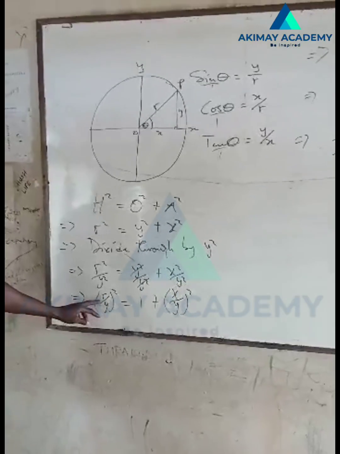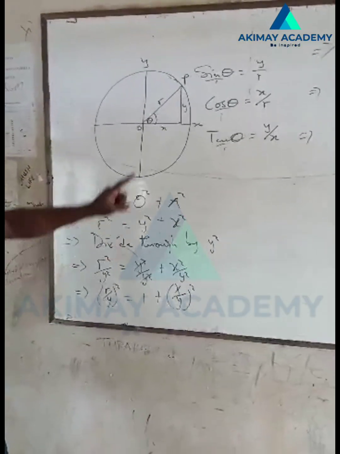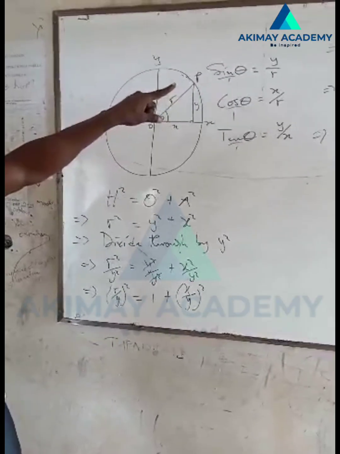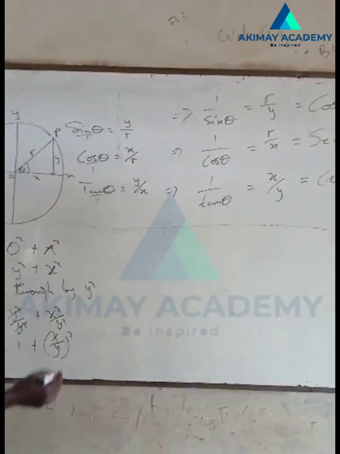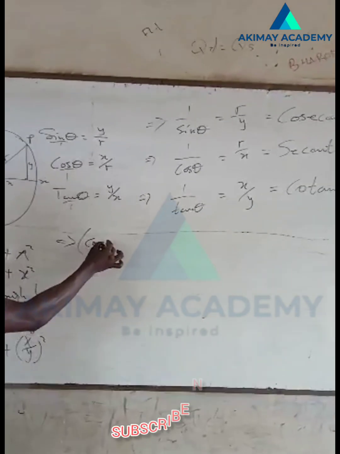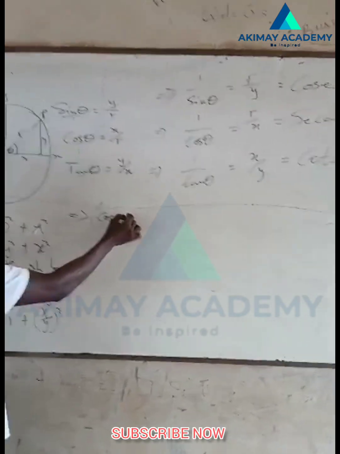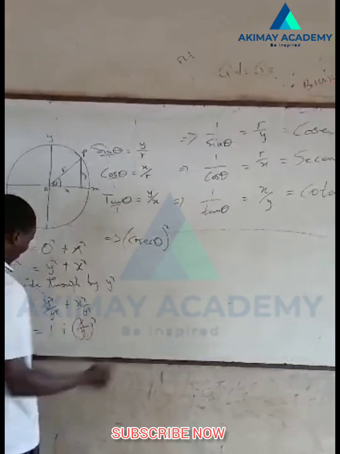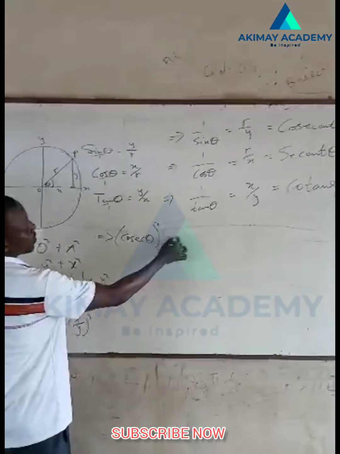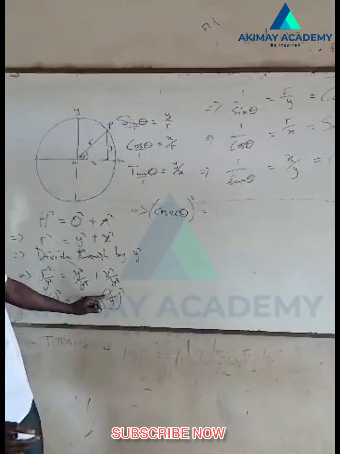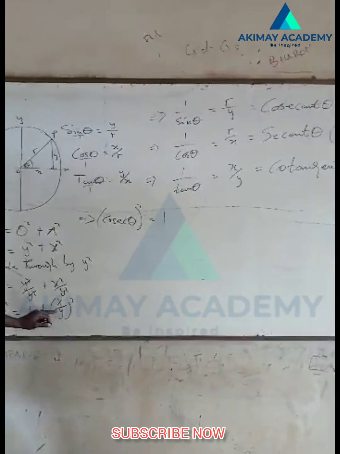We could see that r out of y is mimicking something over there, which is r out of y equals cosec theta. So we can replace them with cosec theta all squared. And this equals 1 plus x out of y.